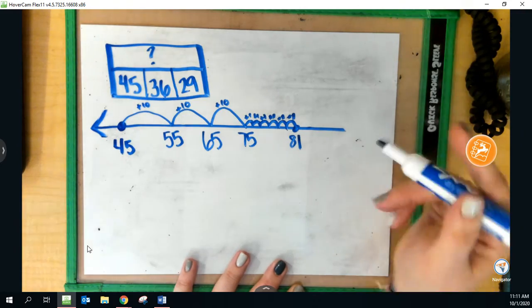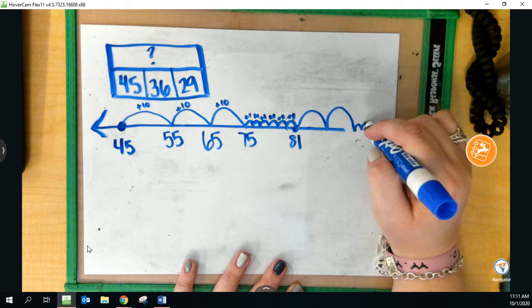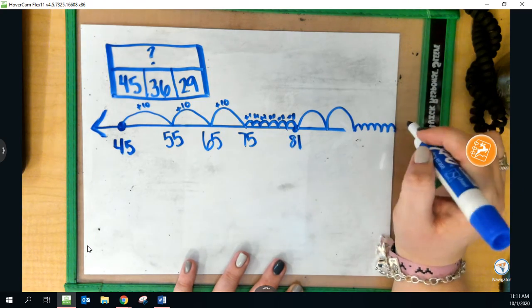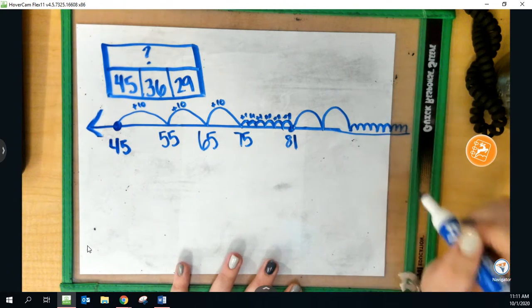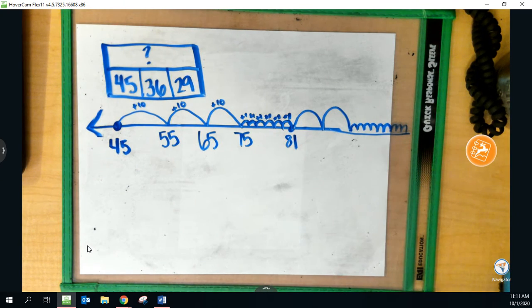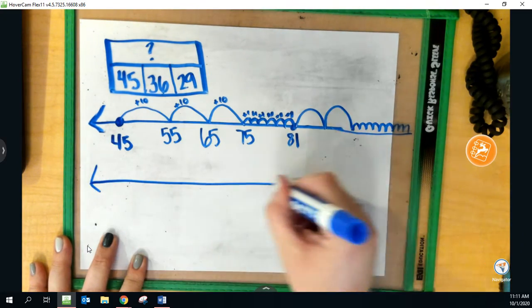I'm going to erase that. I'm going to hop 10, 20, 21, 22, 23, 24, 25, 26. Oh no. 27, 28, 29. Woo! I went off my board. If for some reason that happens, watch what I'm going to do now.